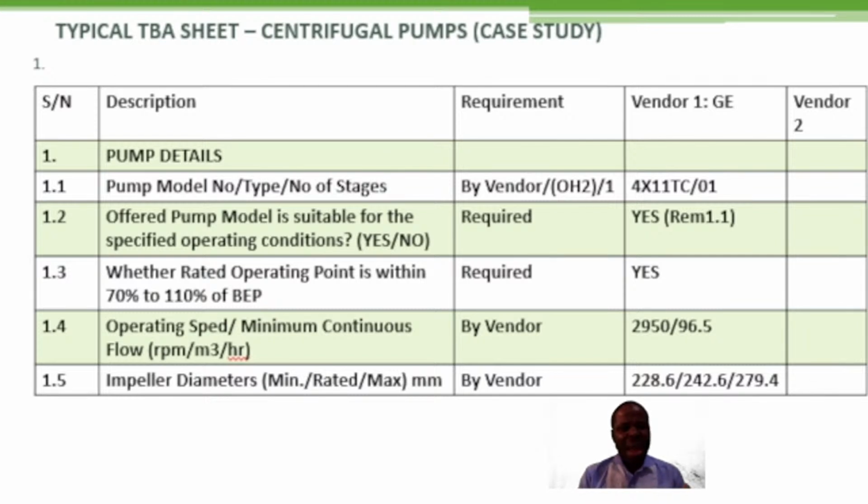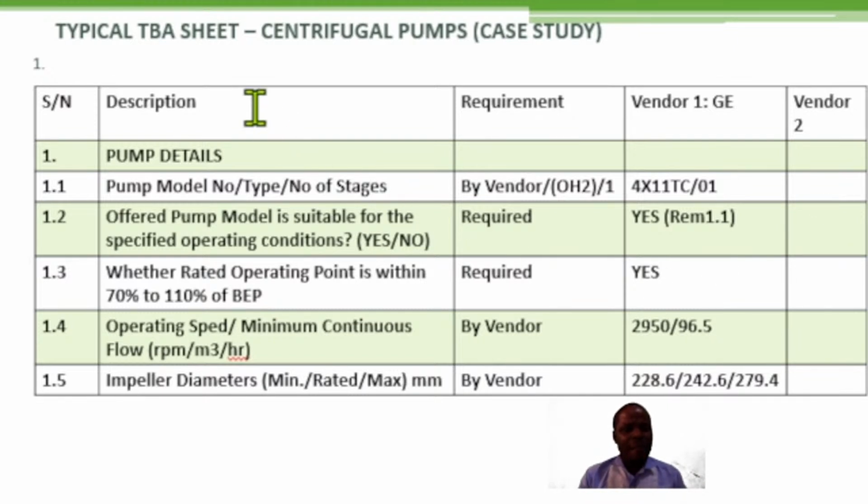So when you prepare a technical bid analysis sheet for, say, centrifugal pump as a typical example of rotating equipment, you see serial number, you see description, now your requirements, and then you list the vendors as you have here. In this case, if you have 5 vendors, you list the vendors as you have in this column: vendor 1, vendor 2, vendor 3, vendor 4, vendor 5, regardless of the number of vendors that you have.